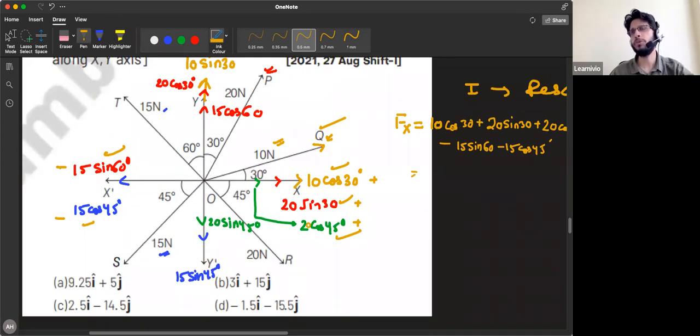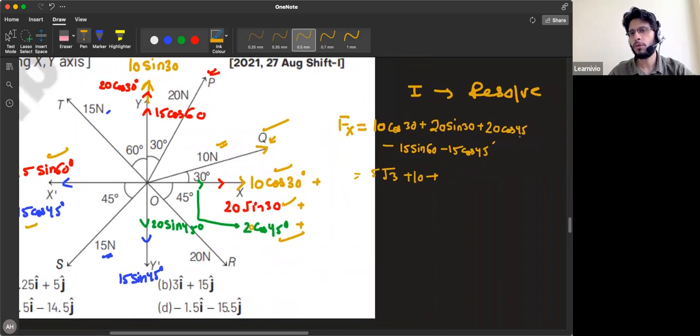So 10 into root 3 by 2, it will be 5 root 3. I'm writing it directly. Sin 30 is half, so it will be 10. Cos 45, 1 by root 2, so it's 20 by root 2. Sin 60, root 3 by 2, so it's 15 root 3 by 2. Cos 45, 1 by root 2, so 15 by root 2. This is Fx.